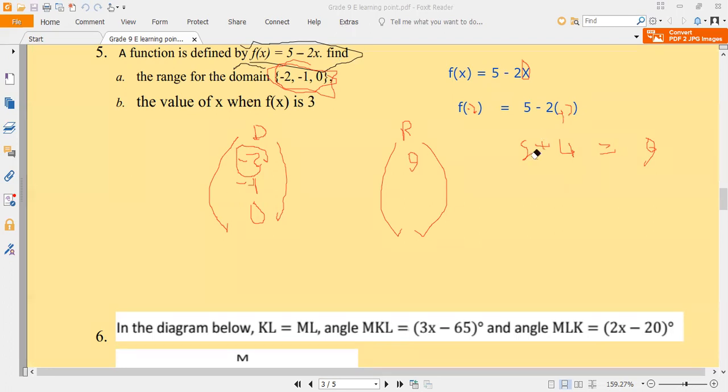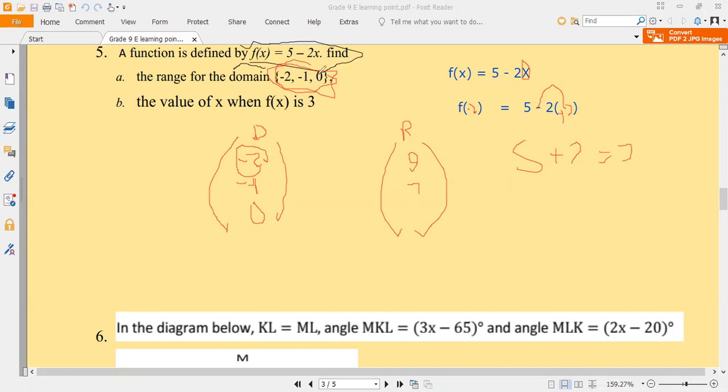The same thing has to be done for the other values. Now we substitute -1: 5 minus 2 times -1 gives us +2, and the answer is 7.